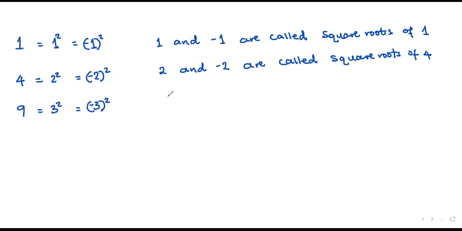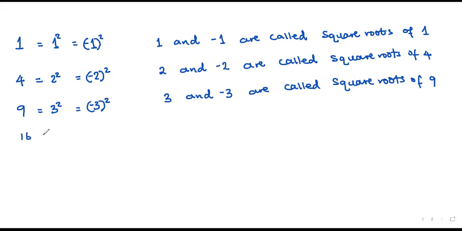So it means that 3 and -3 are called the square roots of 9. So we have 1, 4, 9. What is the another number? Another number is 16.